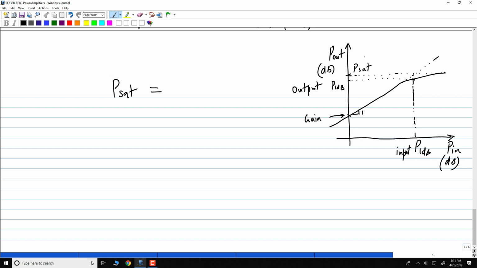What is Psat for this amplifier? This is of course VO max squared by 2 RL. What is VO max? The peak amplitude, VDD by 2.